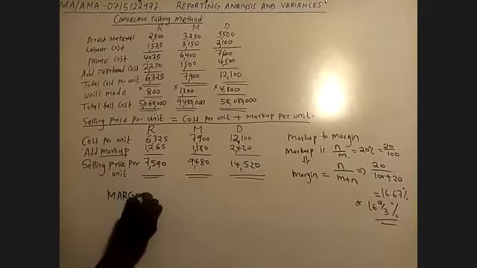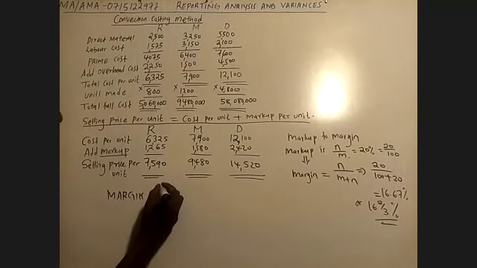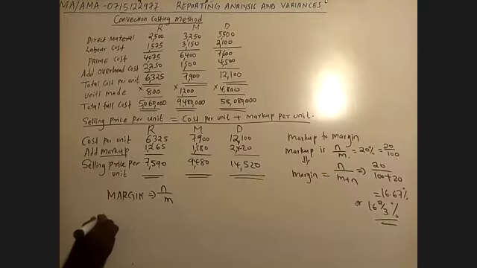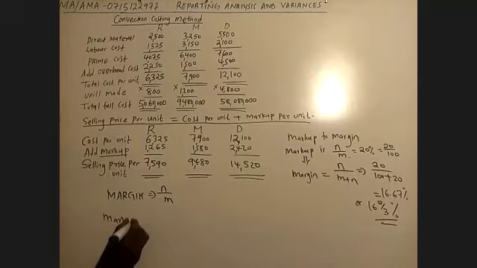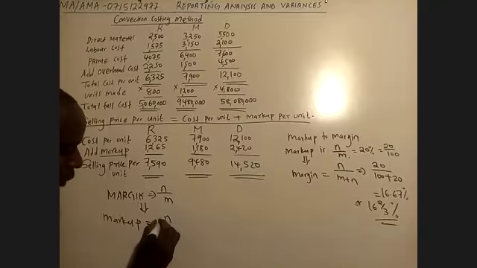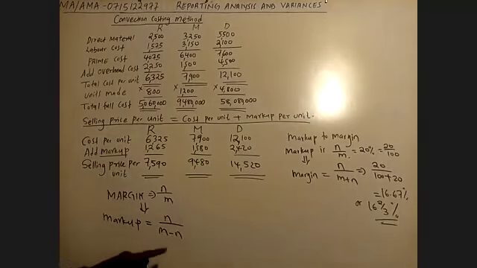Let's assume our margin is N over M. Now what will be our markup? Our markup will be N over M minus N.